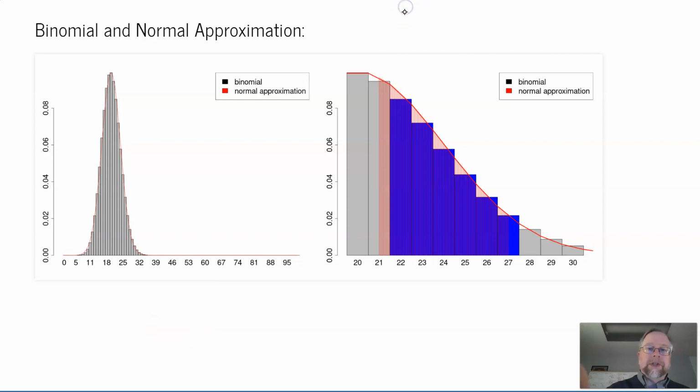I am just going to erase that. So anyway, there's a continuity correction. So that's how you can use normal approximations to approximate binomial things.